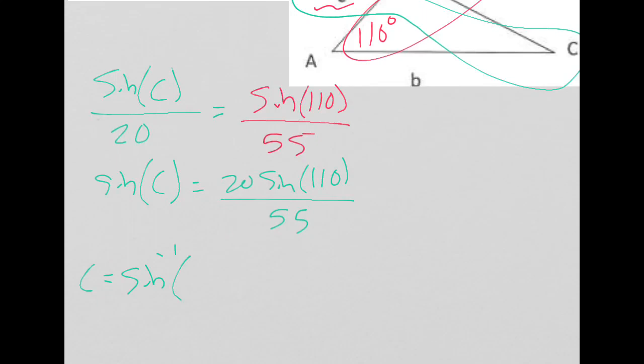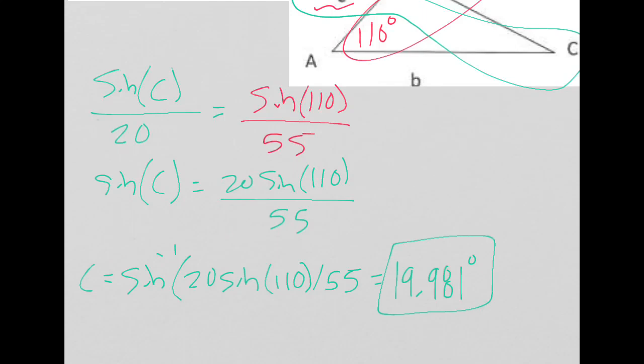Hit the second sine button to get your sine inverse and that parenthesis, then type 20, type the sine button, it'll give you that parenthesis, type your 110, close just one parenthesis, then divide by 55, hit enter, and you should get your answer to be 19.981, and remember that is an angle, so those are measured in degrees.